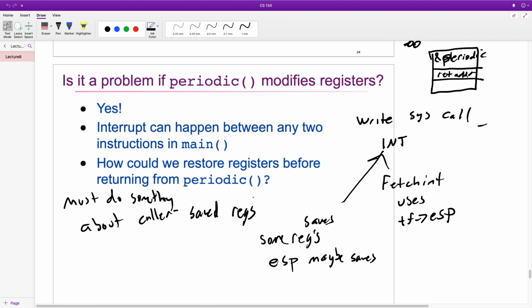So instead, it's the kernel's job. So the kernel's going to need to, before periodic is called, save a bunch of registers. But that can't be kernel code. It has to be user code to do that. And when periodic finishes, restore those registers. So when periodic returns, it shouldn't return to where we got interrupted. It should return to a little utility routine that will restore registers that will then go back there.